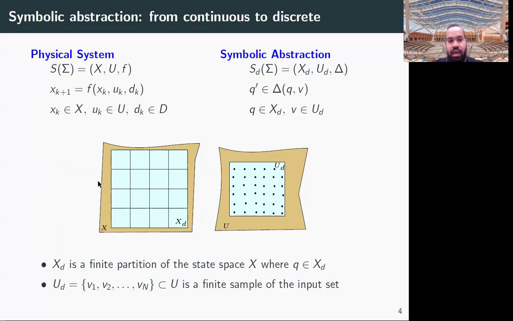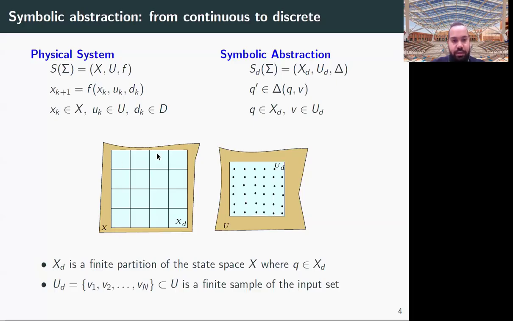So one of the main advantages of symbolic control is that we can work with nonlinear dynamical systems, as well as nonlinear state space, as well as nonlinear input space. So we don't have any constraint over the dynamics or the space that we are working on. So let's consider this X is our state space.